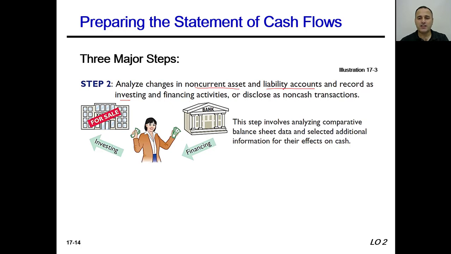The liability side of the balance sheet involves financing activities, by which we mean how a company finances its activities, or in other words, how they raise their capital. Are they raising capital through debt, or through equity? This step involves analyzing comparative balance sheet data and selected additional information for their effects on cash.